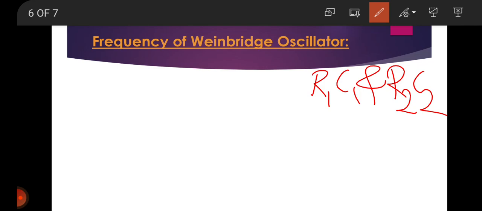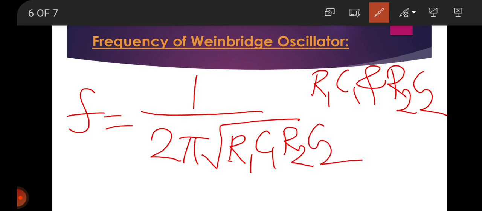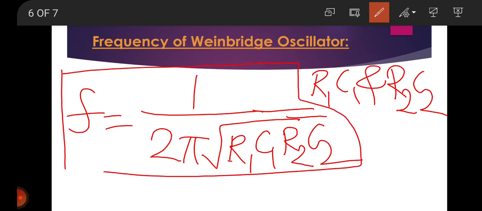So f is equal to 1 upon 2 pi under root R1 C1 R2 C2. So this is the important formula for problem solving of Wien bridge oscillator.